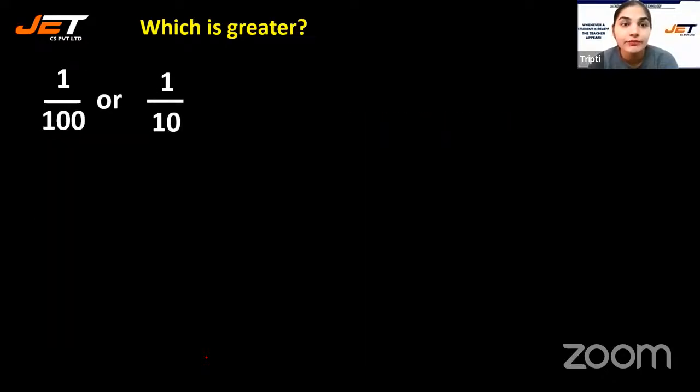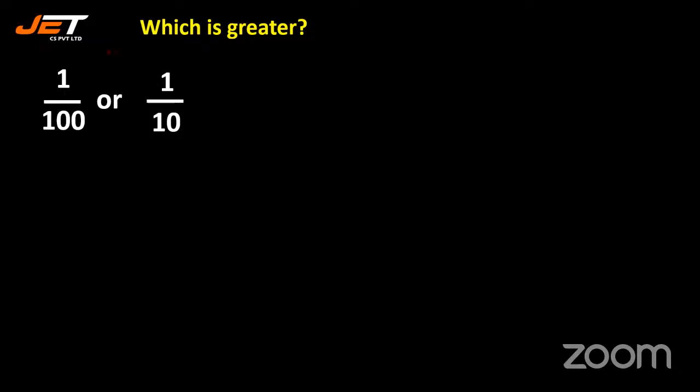1 by 100 or 1 by 10. Super easy. So here, the numerator is same, that is 1. But the denominator, one is 100 and the other one is 10.